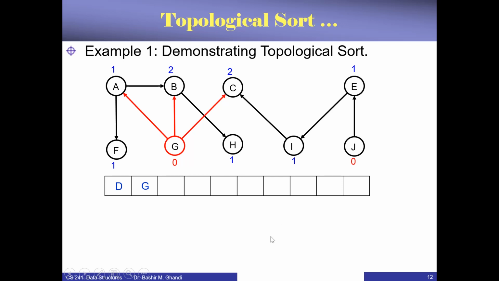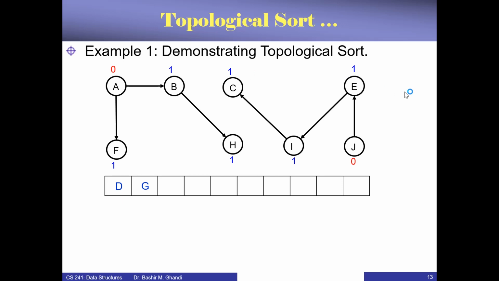Okay, let's do that. Delete vertex G and its emanating edges, and update the degrees of the adjacent vertices. You can see that we are now having A as another vertex with in degree 0. B has reduced to 1, and C has also reduced to 1.